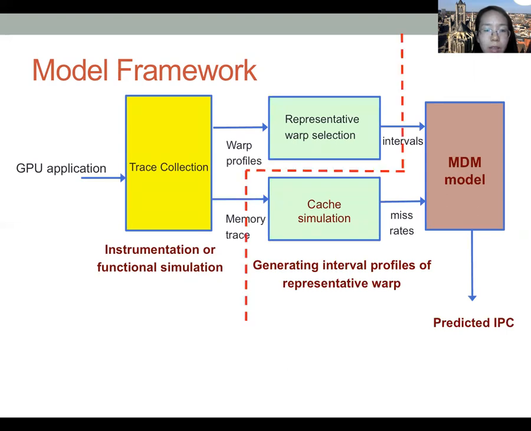The timing overhead of MDM can be divided into one-time cost and recurring cost. One-time cost occurs per application, including trace collection and representative warp selection. In contrast, recurring cost is proportional to the number of architectural configurations. It includes the cache simulation as well as the model prediction. The recurring cost is much less than the one-time cost for one design space.